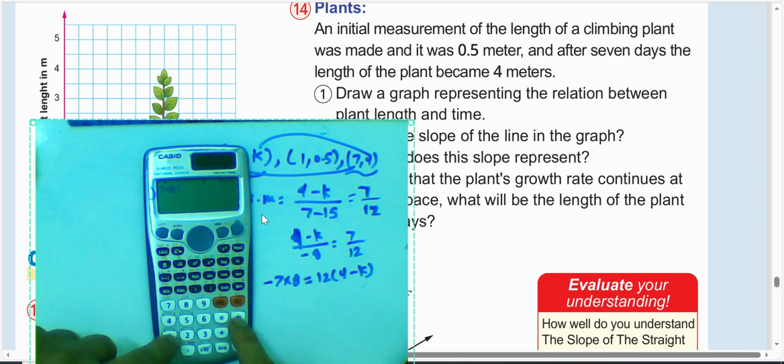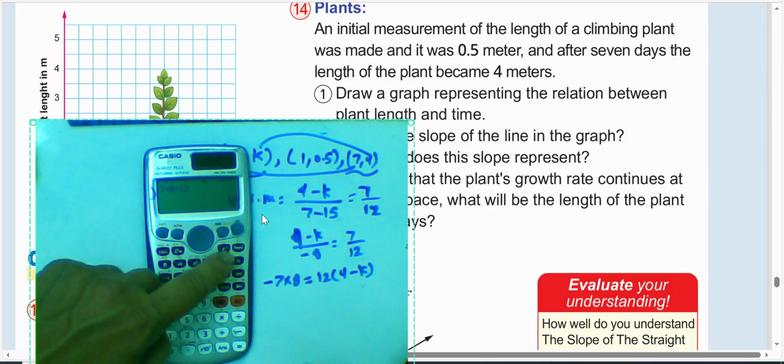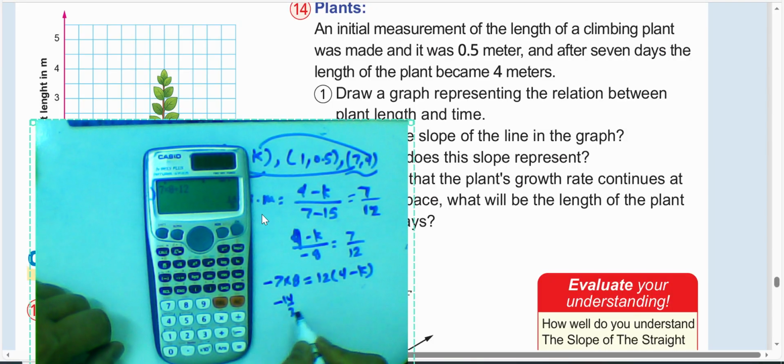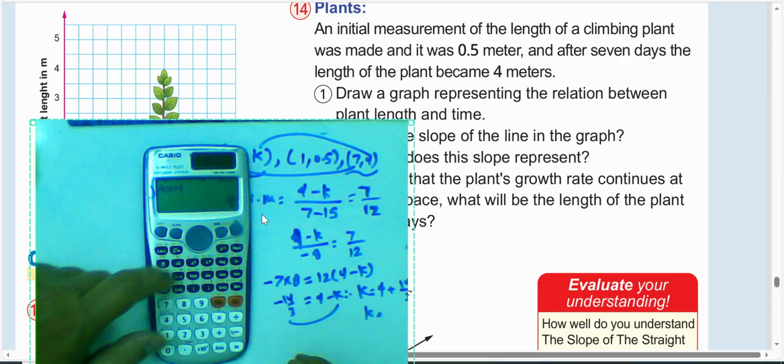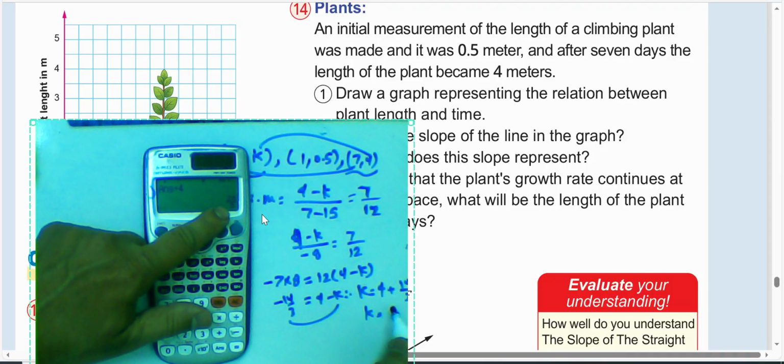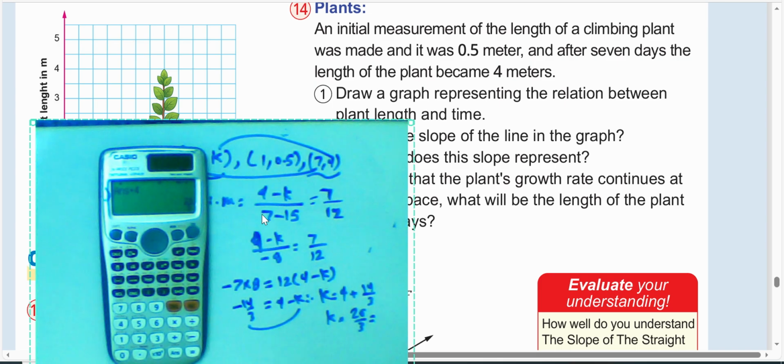7 times 8 divided by 12 equals 14 over 3. Negative 14 over 3 equals 4 minus k. Then k will be equal, move k here and move this number. We have 4 plus 14 over 3. Then k equals, the result will be 26 over 3. You can simplify 26 over 3.